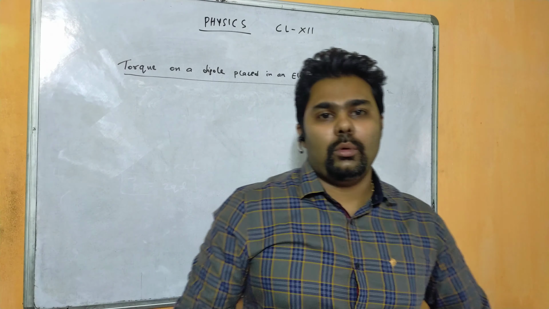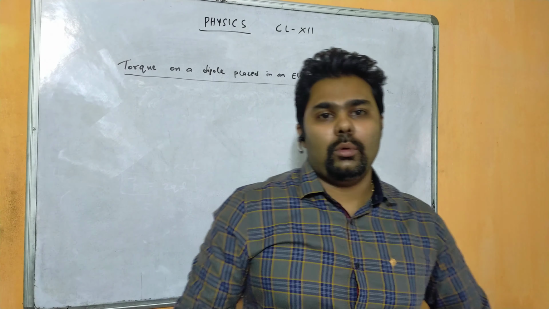So there are some conditions of an electric dipole. On the screen you can see point number 1: when a dipole is placed in a uniform electric field, the net force acting on the dipole is 0. That means when the electric field is uniform, there is no variation of electric field, in that case the force acting on the dipole is considered to be 0.